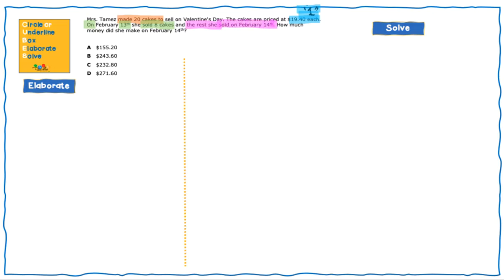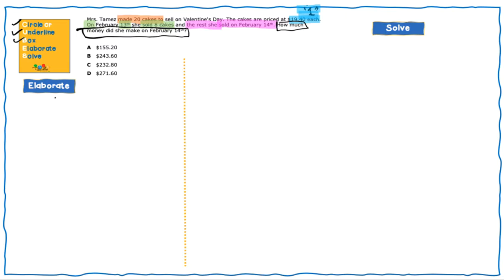Now the question is, how much money did she make on February 14? Remember, we have to focus on the question when we will be doing all the work. So far I completed circle or underline and box.